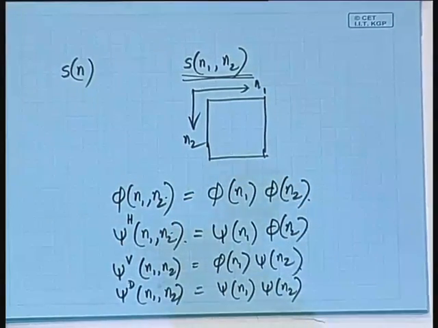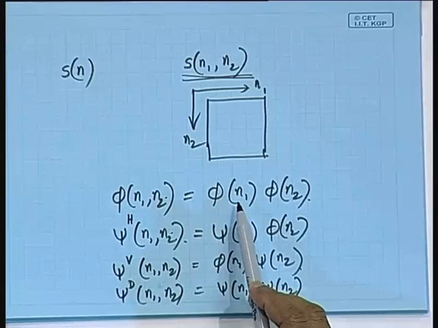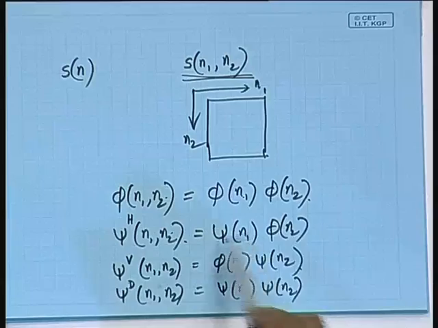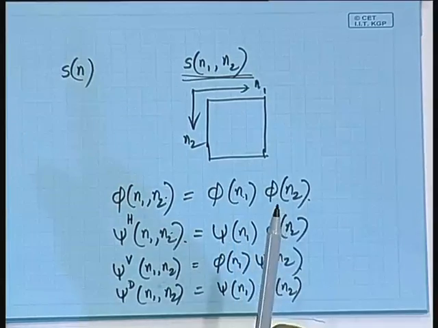And whenever I apply phi n1, phi n2 products or any such product, with every filter I have to do a decimation by a factor of 2. So overall I am doing a decimation by a factor of 4: a factor of 2 in the horizontal direction and another factor of 2 in the vertical direction.